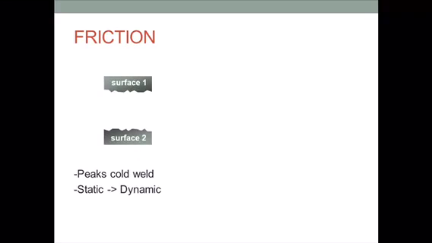So we have surface 1 and 2, and when they come together, the peaks of those surfaces come into contact. Each surface at the atomic level has small peaks because no real material is 100% smooth.